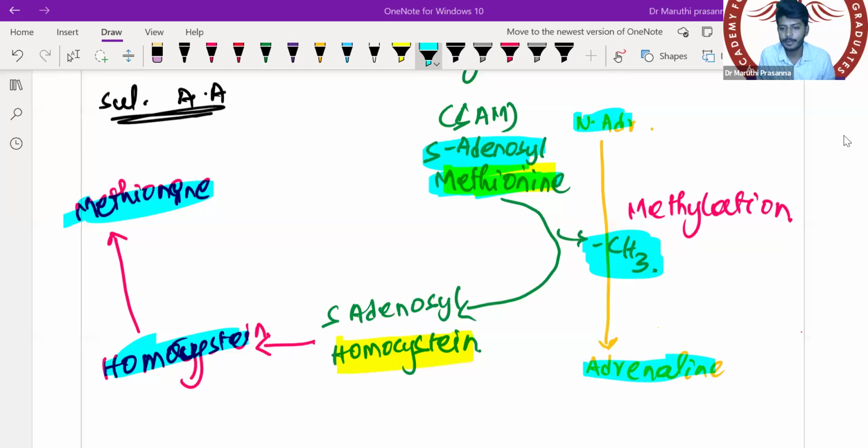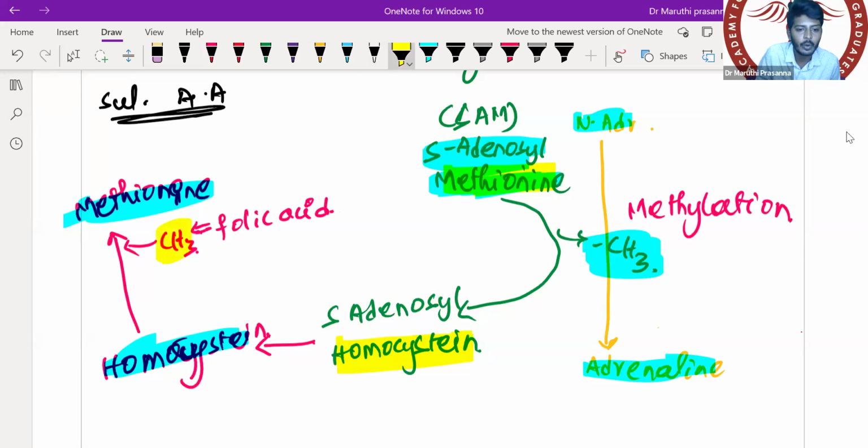That will be your CH3. So I need to add a CH3 group. That CH3 group, my dear students, comes from our food called folic acid, B9.